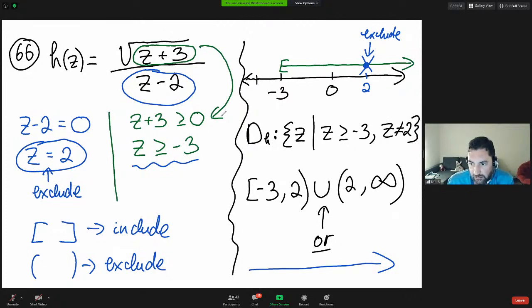Because if we take a square root of a negative value, then we go into complex values. So we have to make sure that the inside of the radical is positive, and that's what greater than or equal to 0 implies. So that's where z plus 3 is greater than or equal to 0 came in, if that's what you're asking. We know that it has to be greater than because we want it to be positive. If you say less than, that means negative. So hopefully that addresses that question.